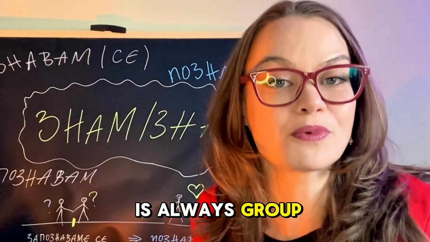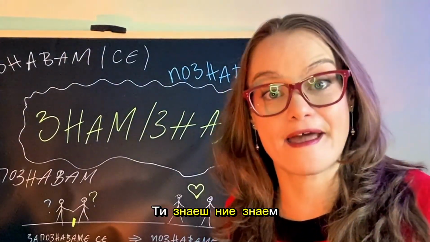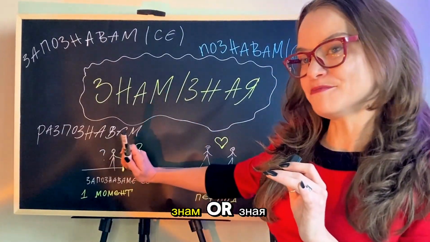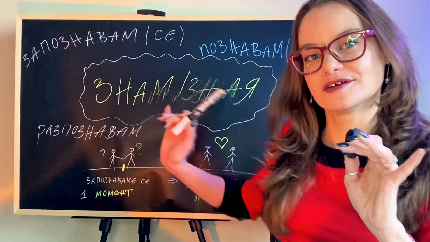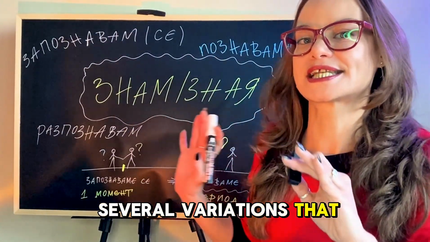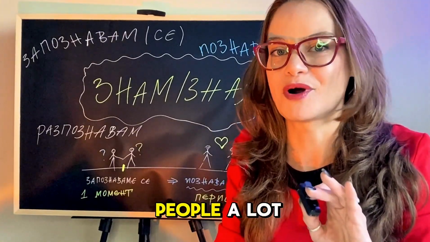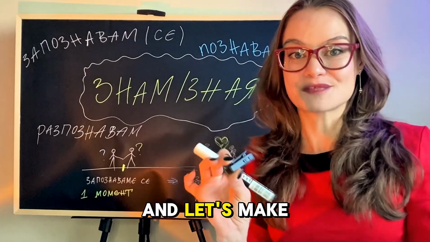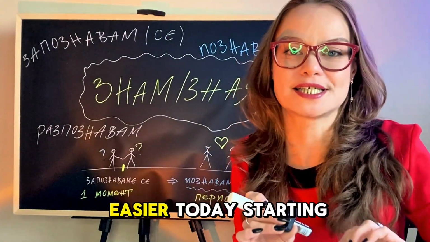It is always group A. Знаеш, ние знаем, and so on. But based on Знам or Зная, whichever you like more, we have several variations that start to confuse people a lot. Let's clear them a little bit at least, and let's make your life a little bit easier today.